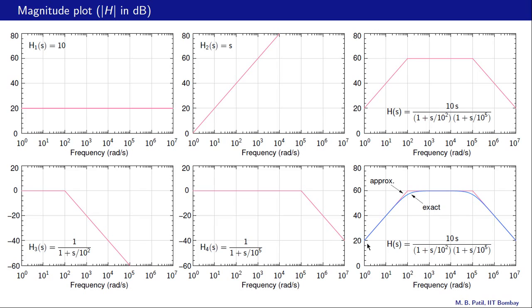It compares pretty well, and definitely away from the poles or away from the corner points, the agreement is perfect. And even in between, we have an excellent idea of what our magnitude plot is going to look like.